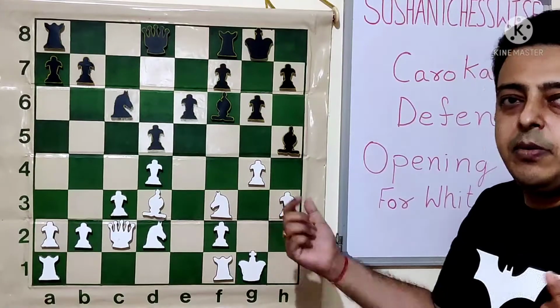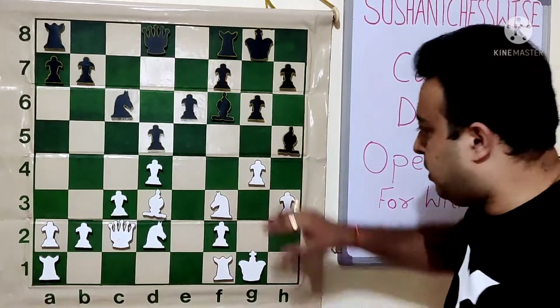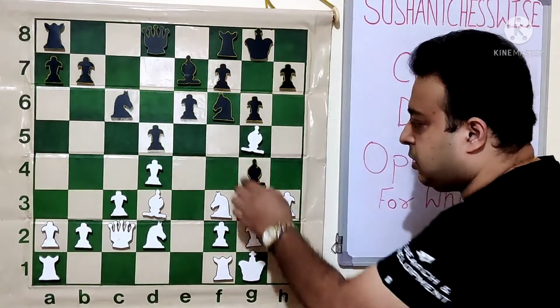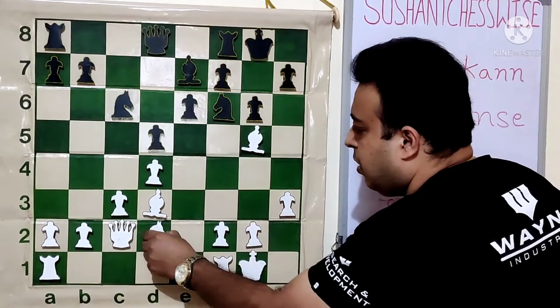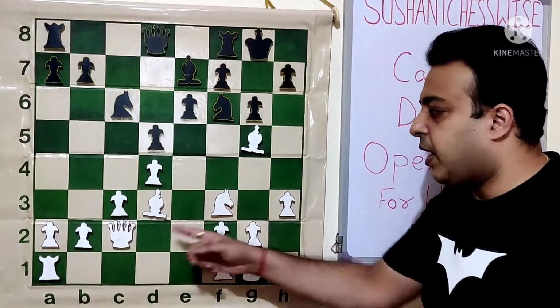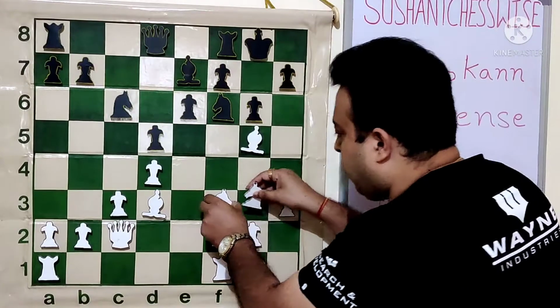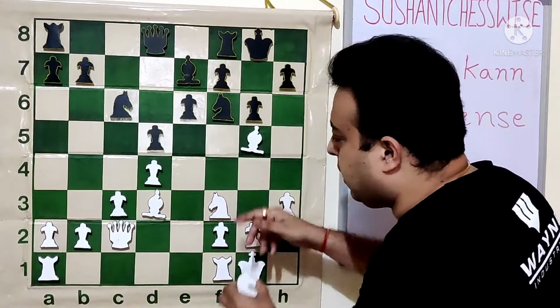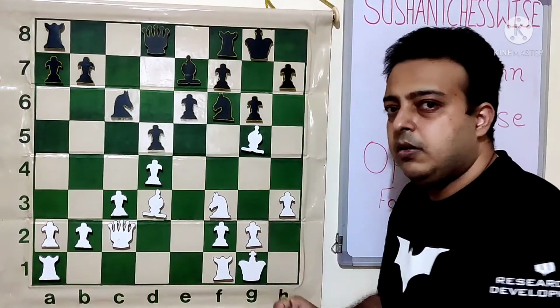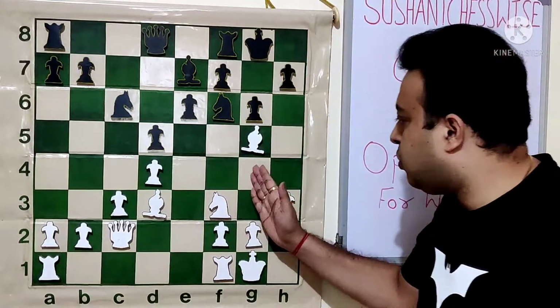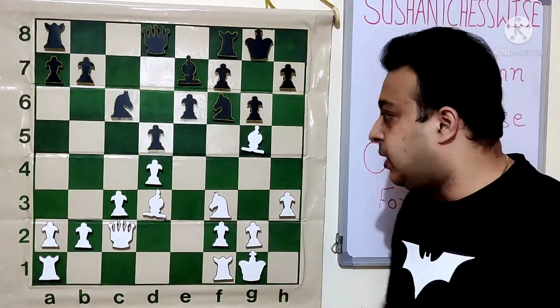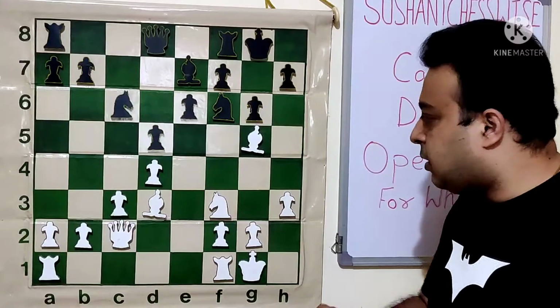But now there will be only one pawn and the bishop is trapped. So after g6, h3, Bxf3, Nxf3. So what we actually see here, if you look at the position, is that black has basically traded his bishop for this knight, because this knight remains as it is. This bishop got traded for this knight, and this we can call a very good exchange.